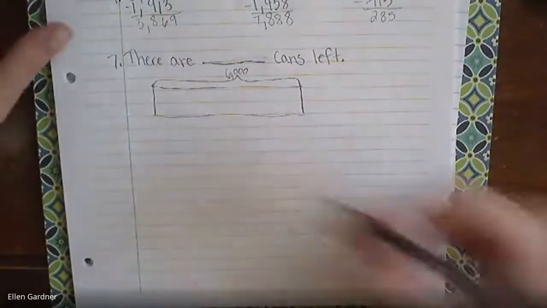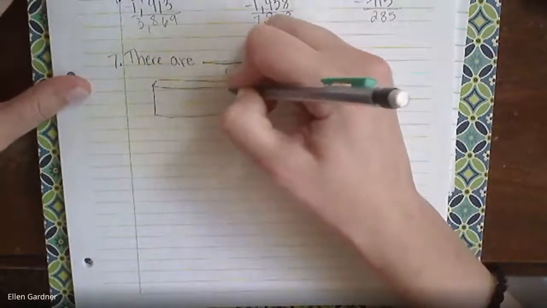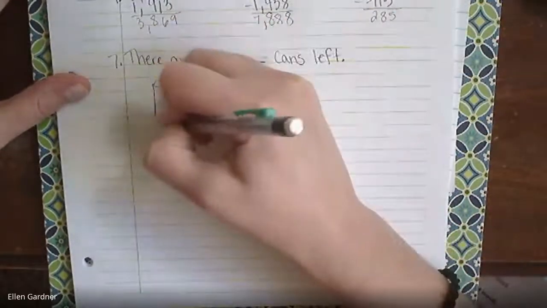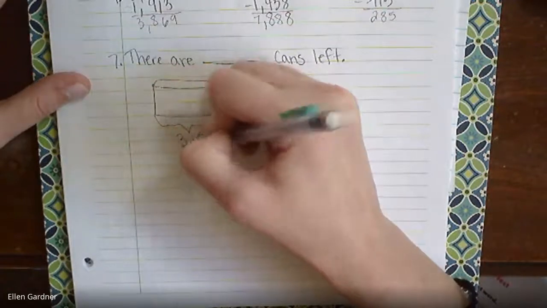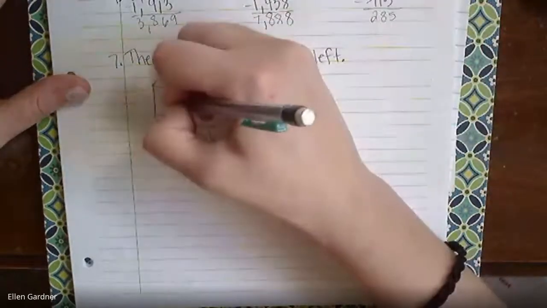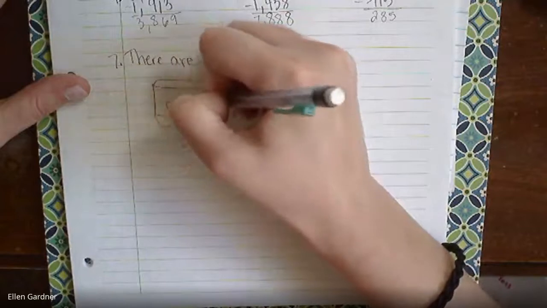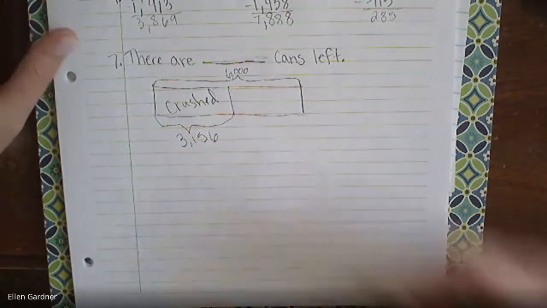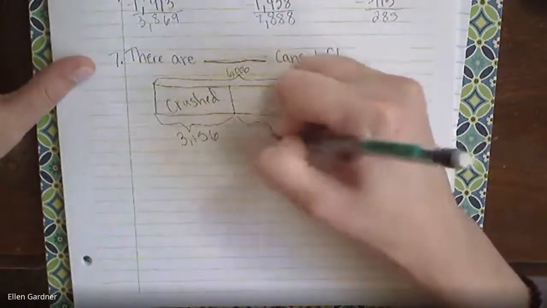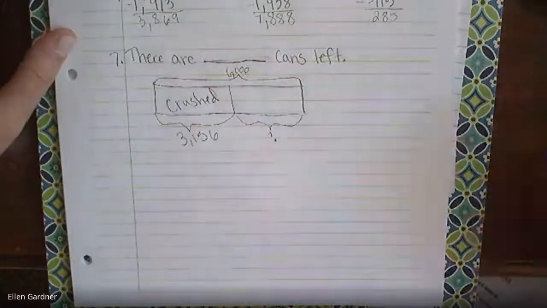We have two sections here. One is the 3,156 cans that are crushed. I'm going to put crushed inside that box. We do not know this part. This is the question mark.